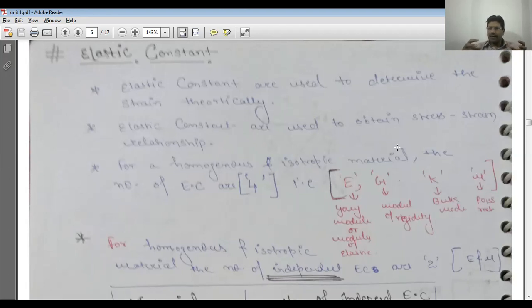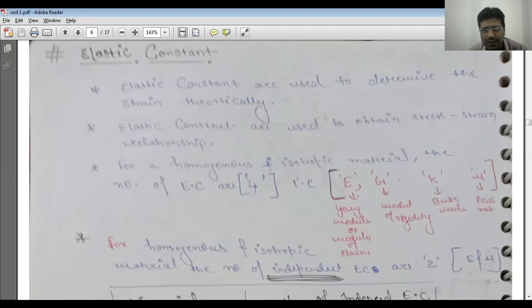If a force is applied on a particular area in such a way that it distorts and changes the area, this is known as aerial distortion, and the strain is given as delta A by A. In that case, modulus of rigidity is given by stress upon strain, where the ratio of change and original is given by strain.